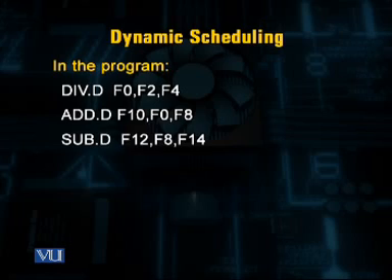The second instruction, which is the addition of the contents of registers F8 and F0 and placing the result in F10, involves the register F0, which keeps the result of the first instruction.